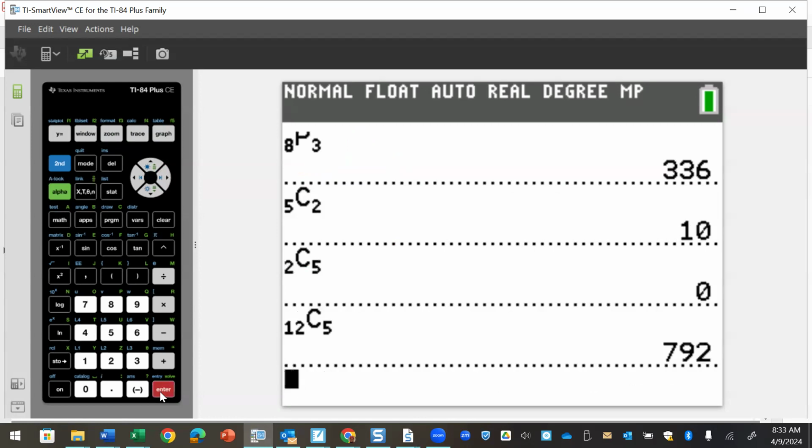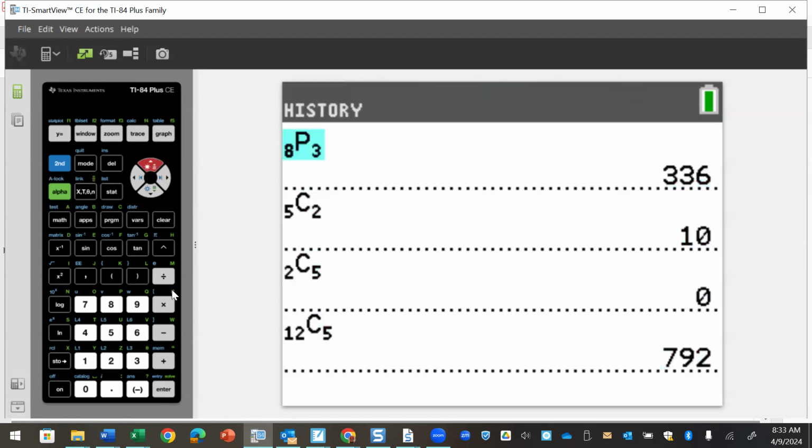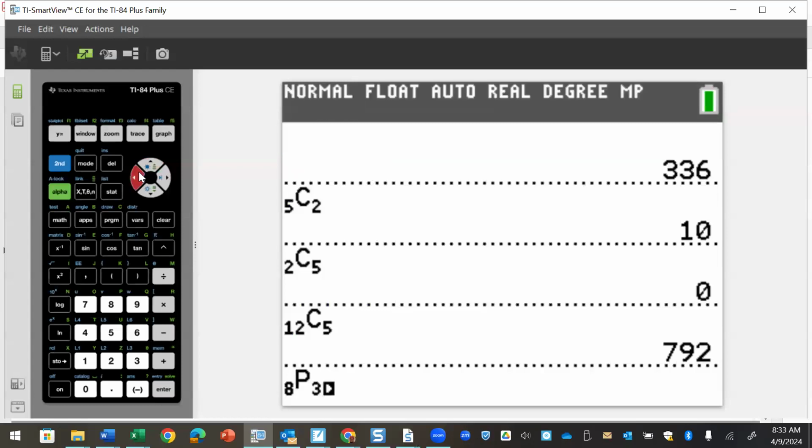Here's combos and here's perms. So again, permutations, that's crazy, to think that a coach has that many possible lineups to pick from 12 or 13, or 15, however many you have.